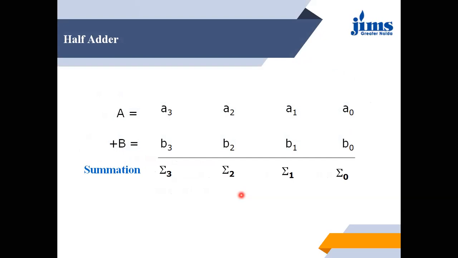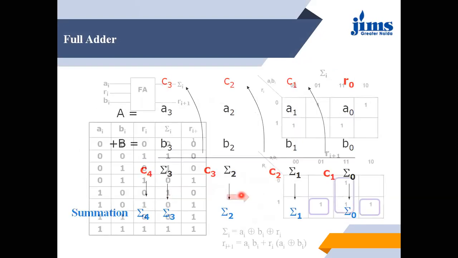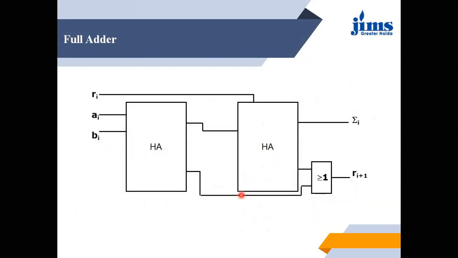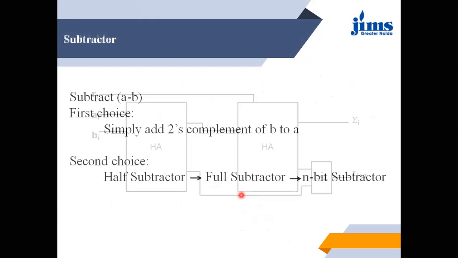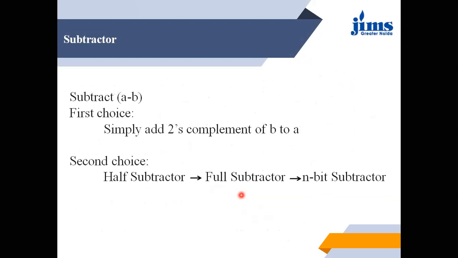Then we discussed different types of combinational circuits, that is half adder and full adder. We discussed how we can minimize the full adder or half adder using the K-map. Then we discussed the subtractors, two methods of the subtractor.